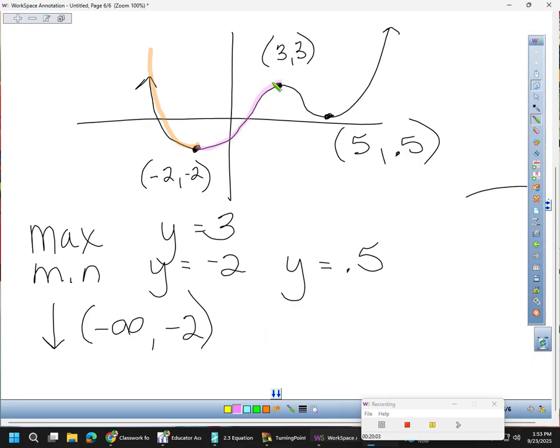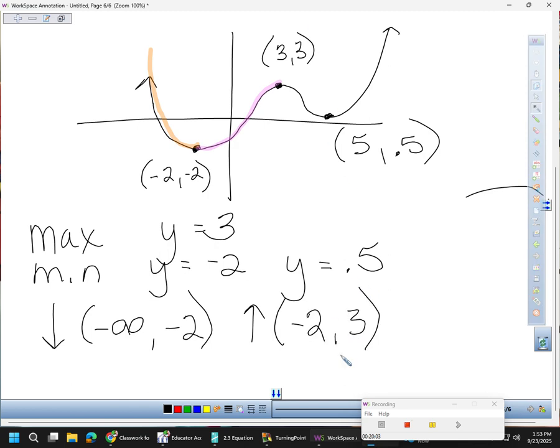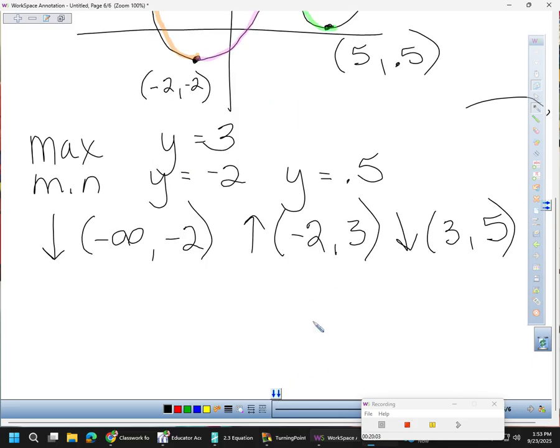So I'm increasing from my x value of -2 to my x value of 3. Then from here to here, I'm drawing down again. So I'm decreasing from 3 to what? Nope. We use our x value when we talk about our intervals. 5. And then our last one, we're drawing up again. So our last interval, we are increasing from 5 to infinity.